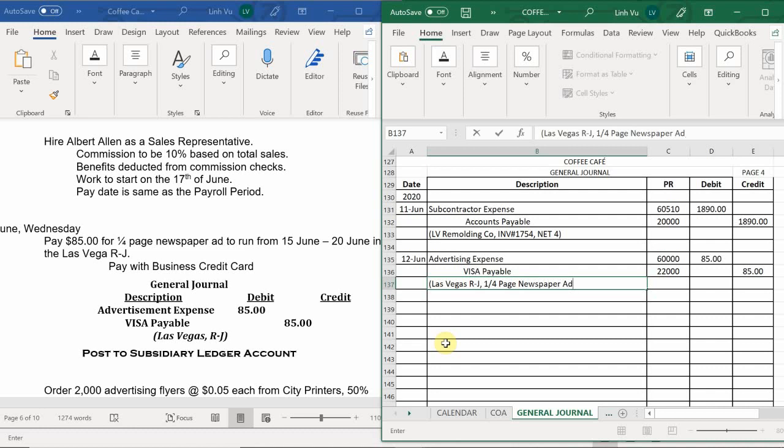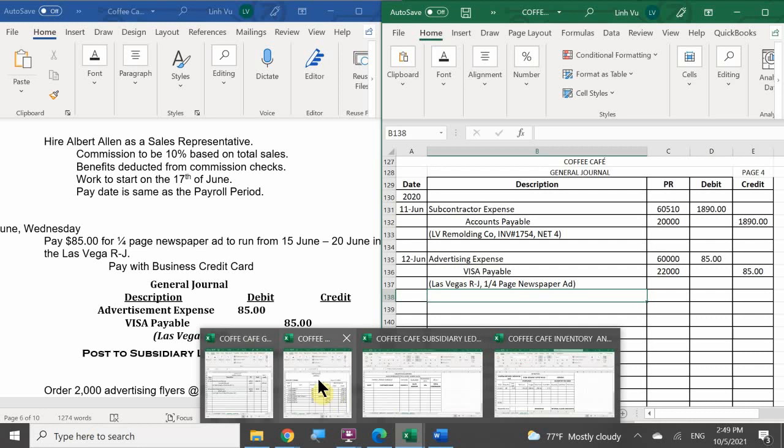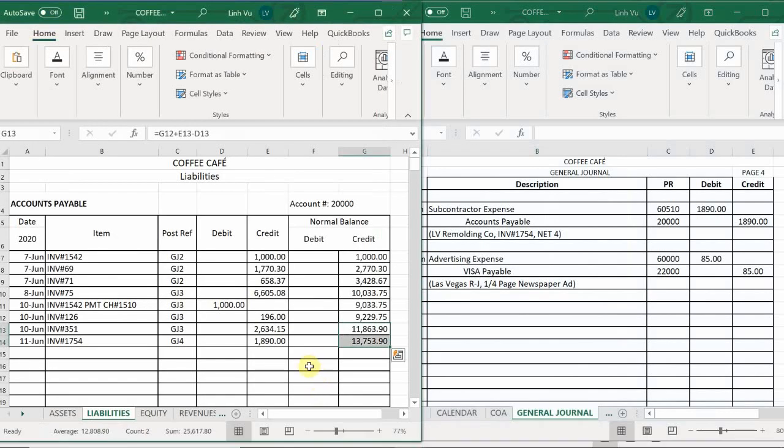That's all. All right. So in this case, let's go ahead and update the ledger.